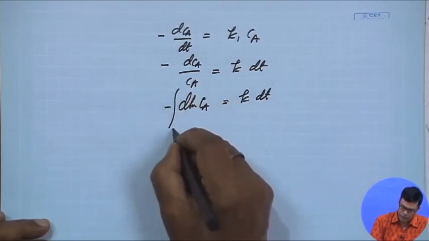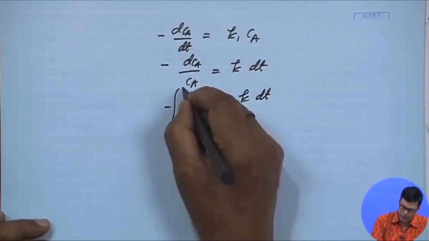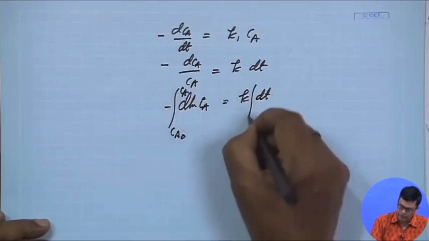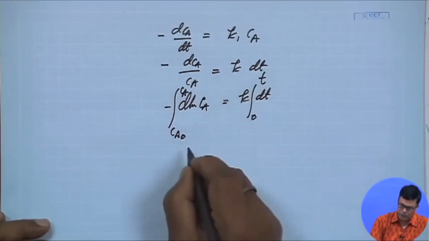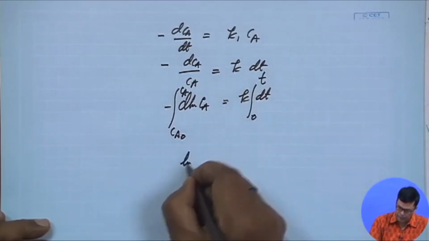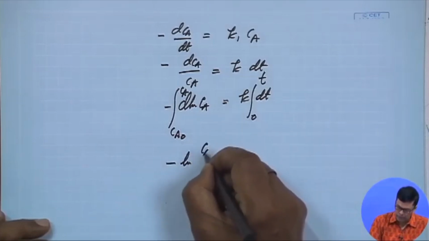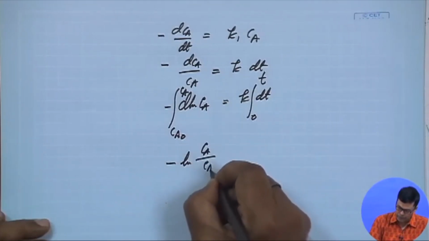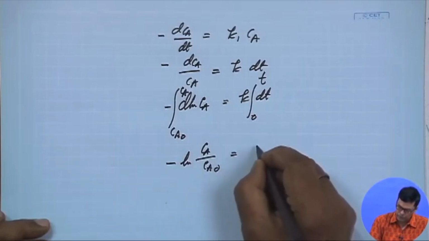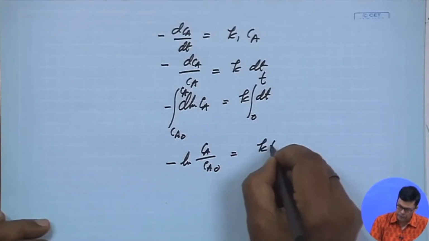So this will be Ca0 to Ca, and this is 0 to t. K is constant. So we can write minus ln Ca by Ca0 equals K into t.